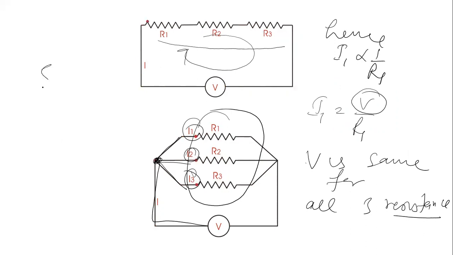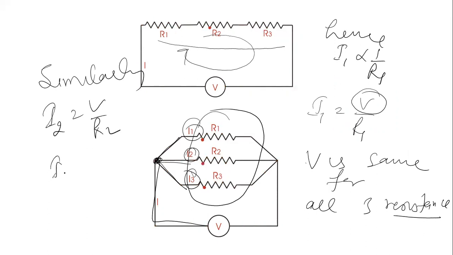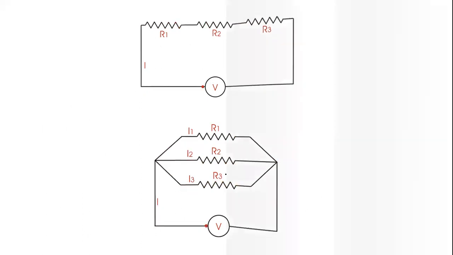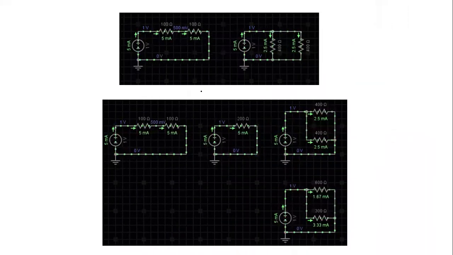Similarly, I2 is equal to V by R2, and I3 is equal to V by R3. Hence, we can say that the current in each branch depends upon the resistance, right? You can understand this with one more animated picture.